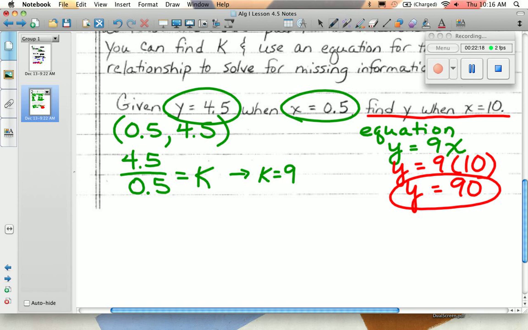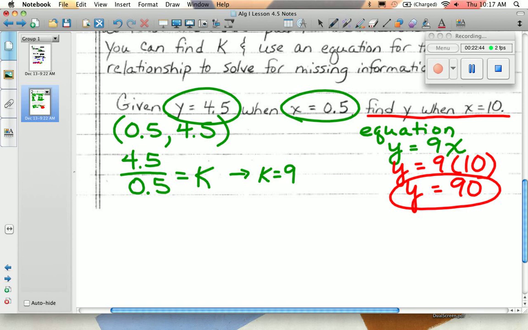Once we know our k value, we can put it into our model for a direct variation equation, which is y equals kx. And then once we have that equation, we should be able to find any other ordered pair on that line if we know either the x or the y. We should be able to find that other missing piece of information.